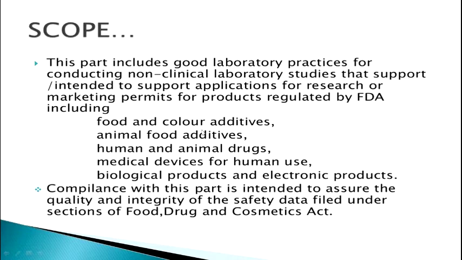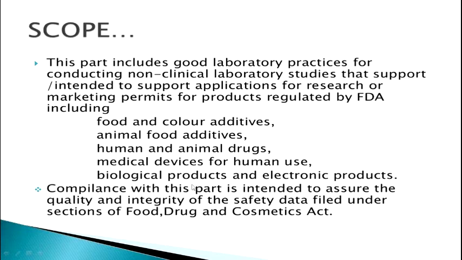Animal food additives: every pharma organization will have an animal house in which they test their drugs before phase 2 of the clinical trials. So, what is the food you are giving the animals? Is there any special additive you are giving? And if you're using a human and animal drug, what is the dosage you're giving?